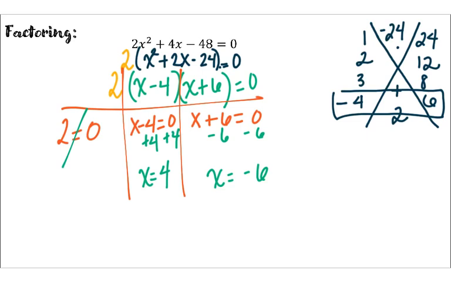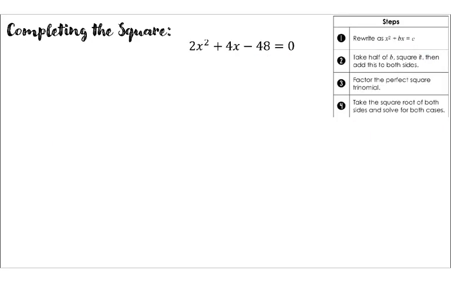Let's use this exact same problem, but now we are going to complete the square. To complete the square, the first step is to rewrite it to make it look like a completing the square problem. So I need to move this 48 to the other side. The reason we're doing that is because we're trying to complete the perfect square trinomial.